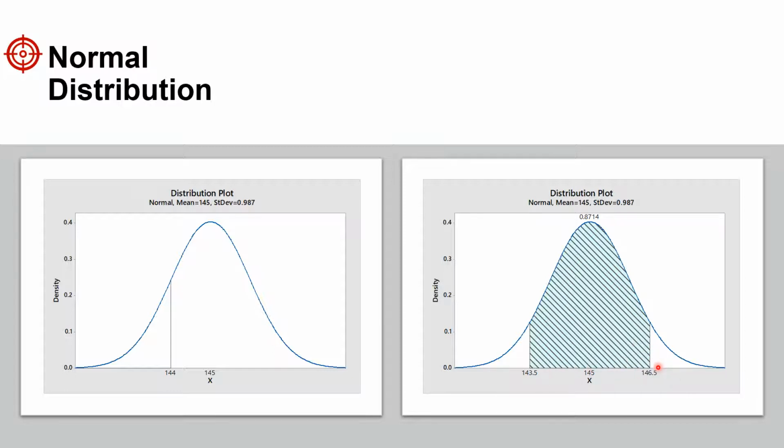This probability is represented by the area under the curve within the interval. Here, the area is 0.87, which means that 87% of the phones have weight between 143.5 and 146.5 grams. This curve is called a probability density curve.